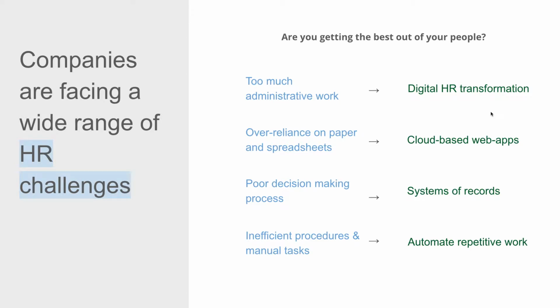The third challenge is poor decision-making processes, and here we're mostly addressing the HR admins and team leaders, because they are many times asked to take decisions without having the right insights, the right reports. It's very difficult to be effective at taking decisions.